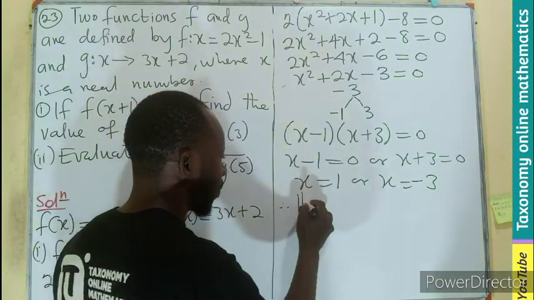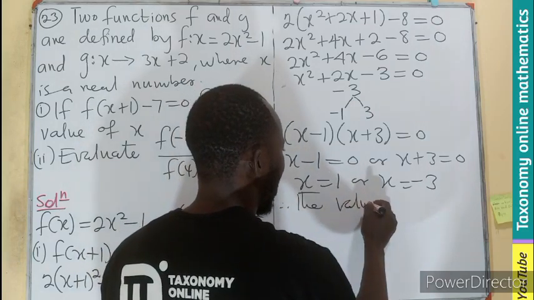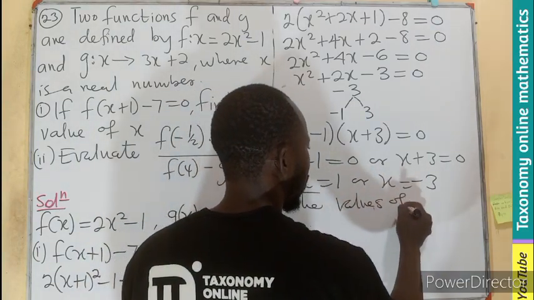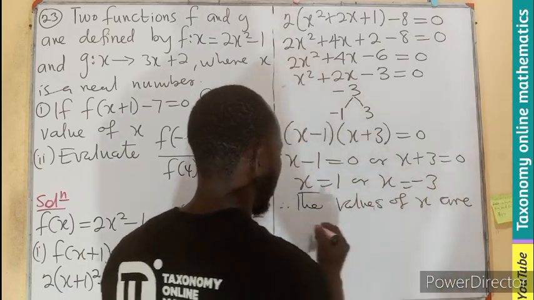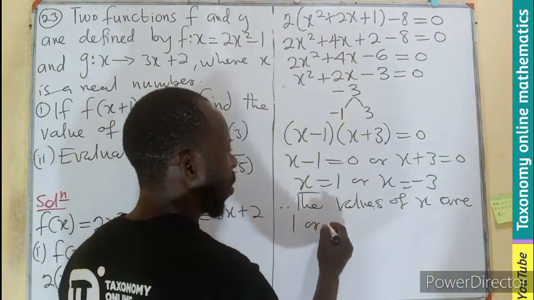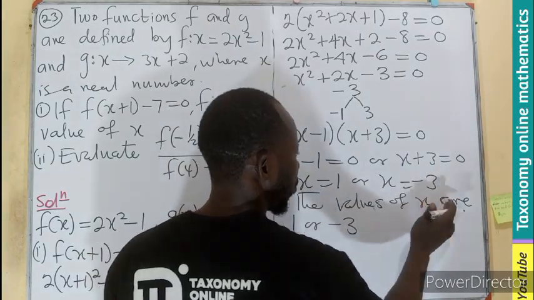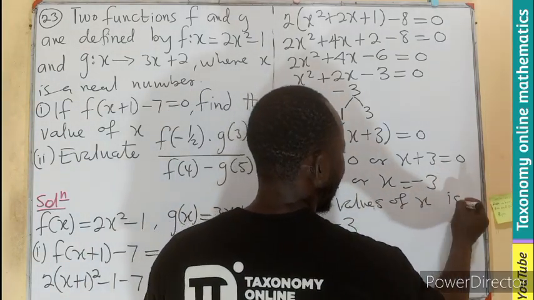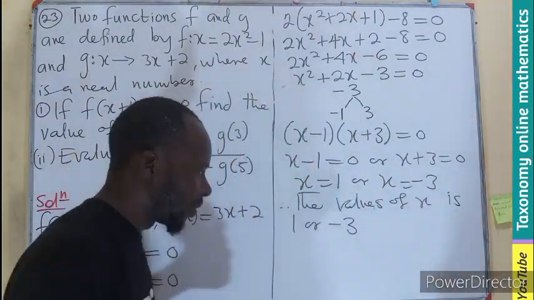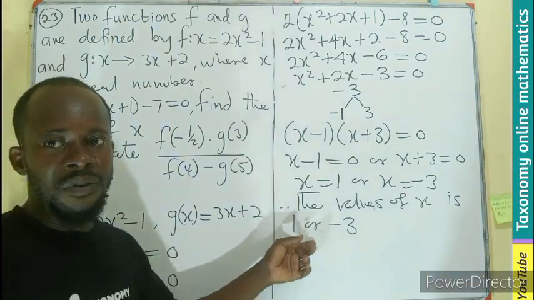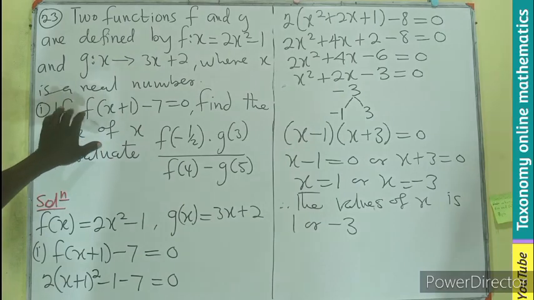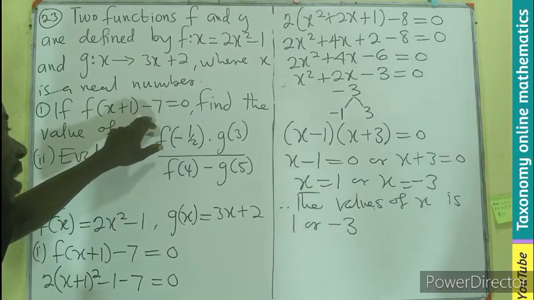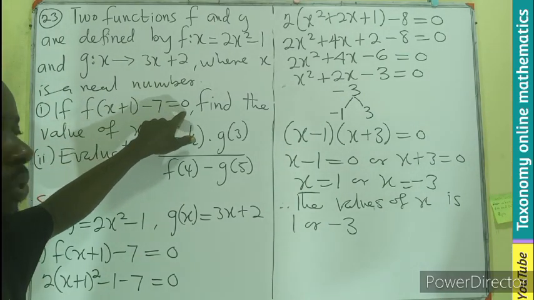So therefore, the values of x are 1 or minus 3. All right. So this is the value of x, either 1 or negative 3, that will make the expression with minus 7 give us the value 0.